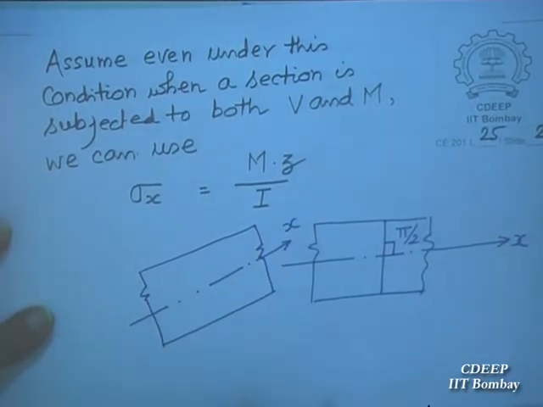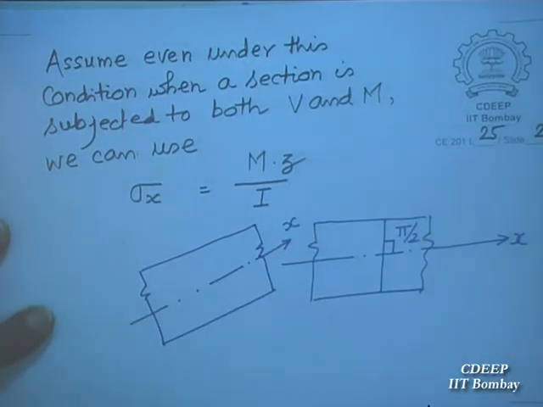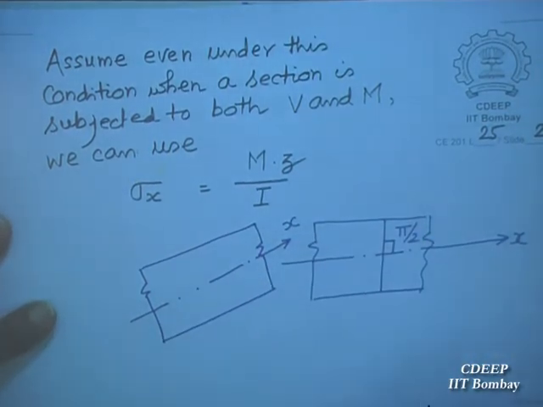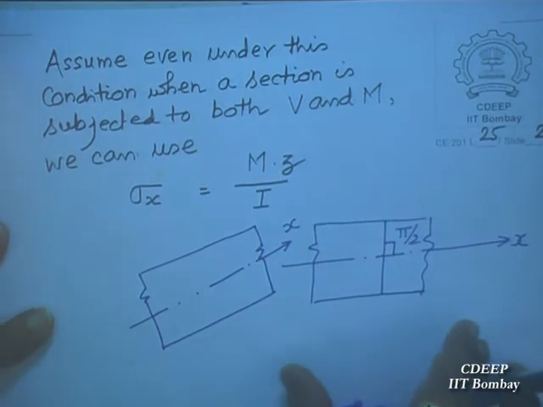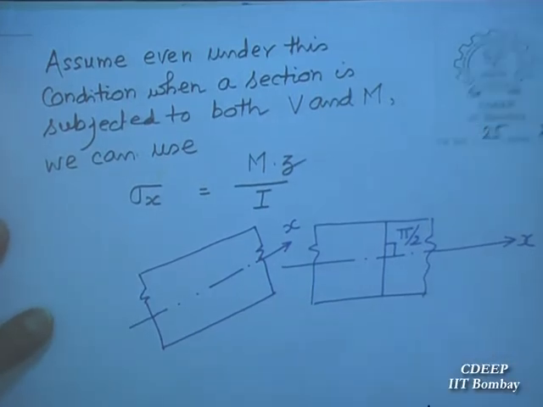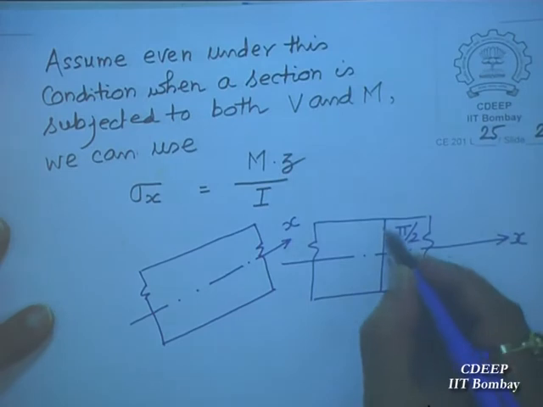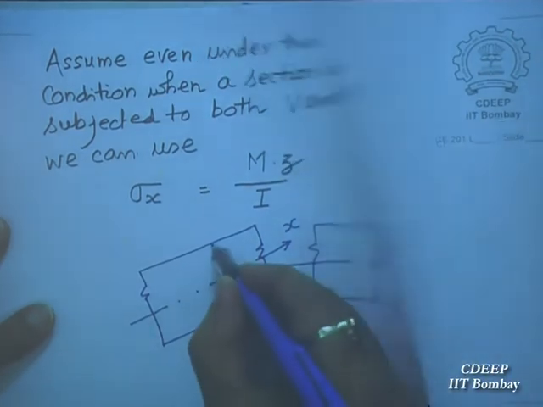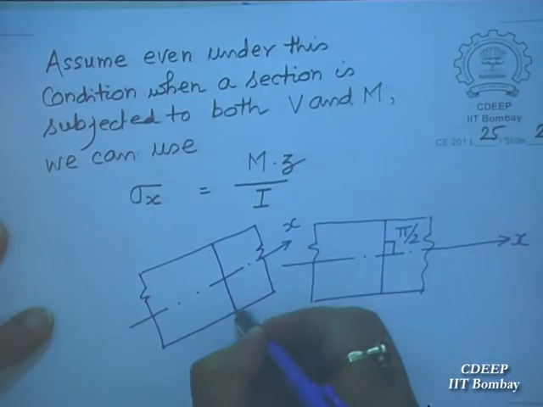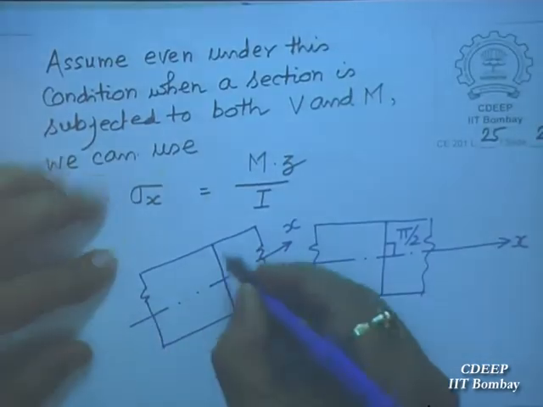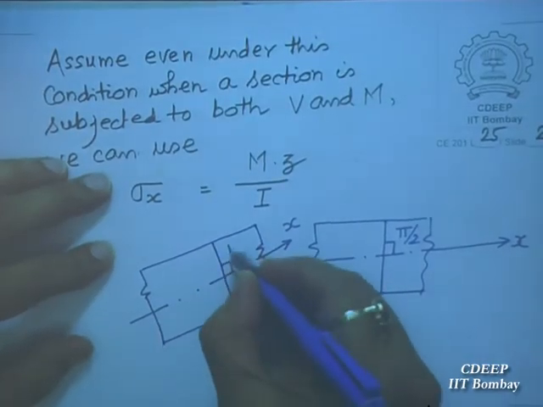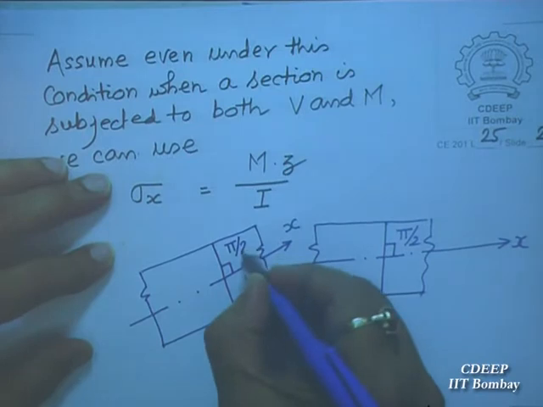Displacements are small, so although it is shown as if it is too much, actually it will not happen like this. They are all small quantities. So we are assuming that this normal will still remain like this, and this angle will still be pi by 2.